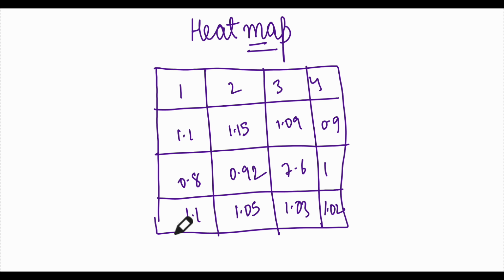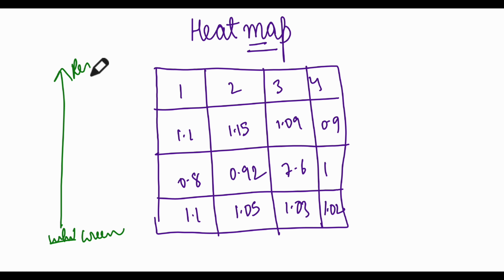So what you are seeing is that you decide a color range from a color palette, for example white to red, or green to red, and you define that. Most of the numbers are around 1, and the range will start with the lowest number, which is 0.8.